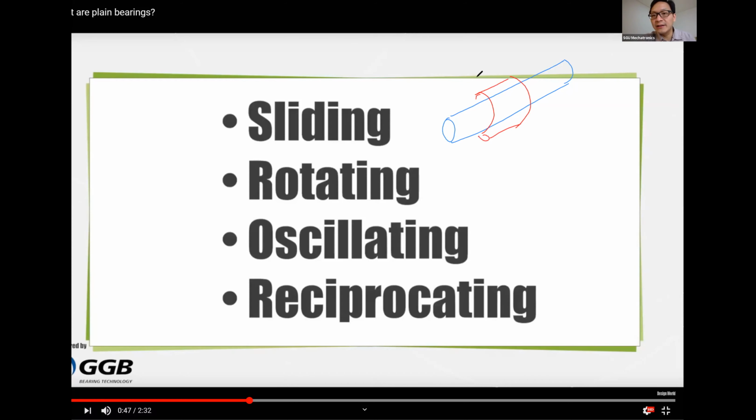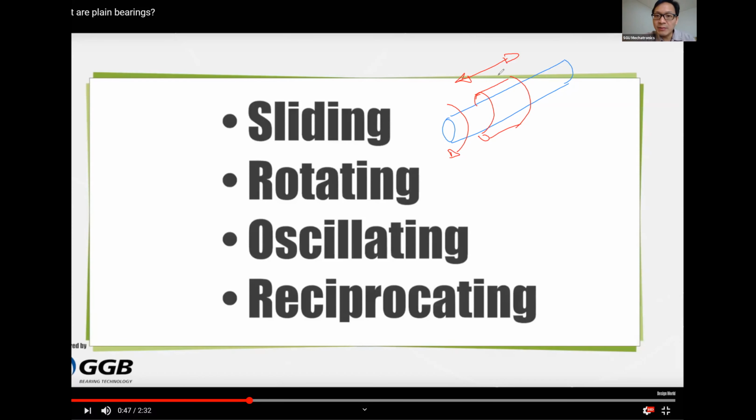And the sliding motion is this way. It's in the axial direction. Rotating motion is this way, right? Oscillating motion is a rotating motion that goes back and forth.